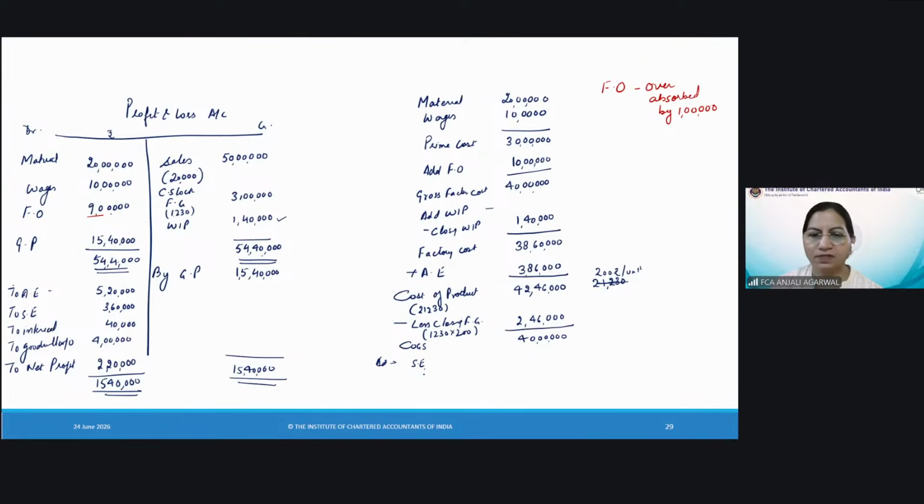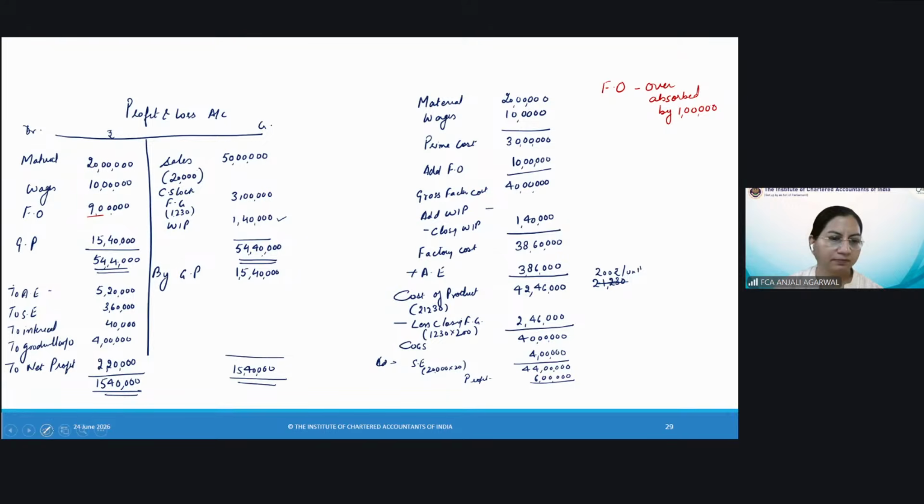So 20,000 units are sold, 20,000 into 20, 4 lakh. So total cost of sales becomes 44 lakh. And sales is 50 lakhs, therefore profit is 6 lakhs. So costing profit is 6 lakh, financial profit is 2,20,000.